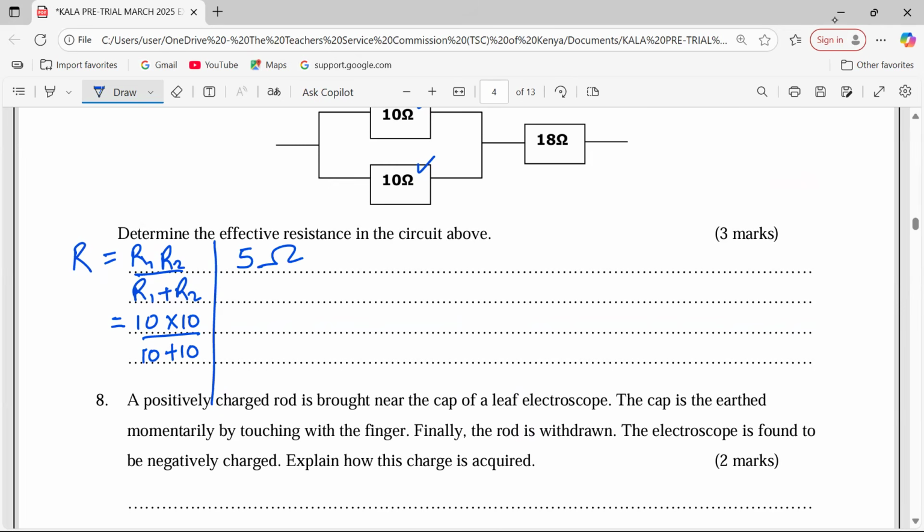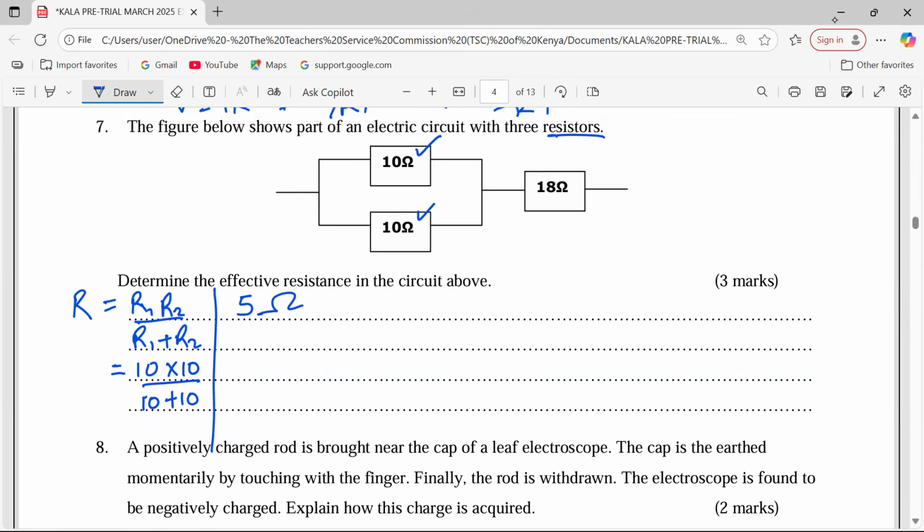So it is fair for us to say 10 and 10 in parallel are equivalent to a 5 ohm resistor. Now we have 5 ohm connected in series with our 18 ohm. So the 18 ohm connects with the 5 ohm that way.